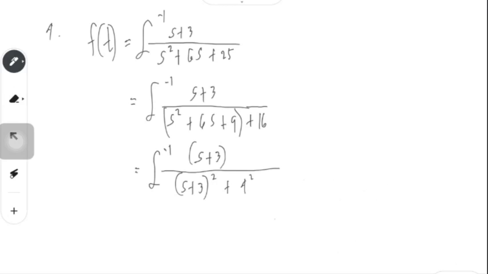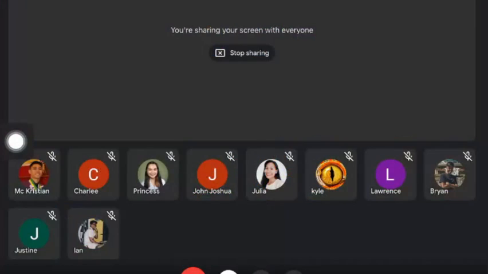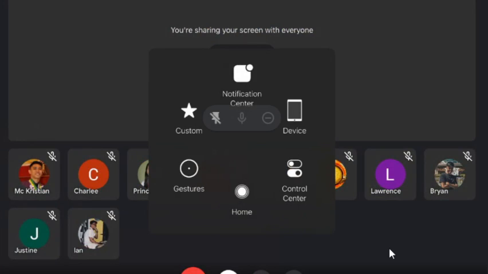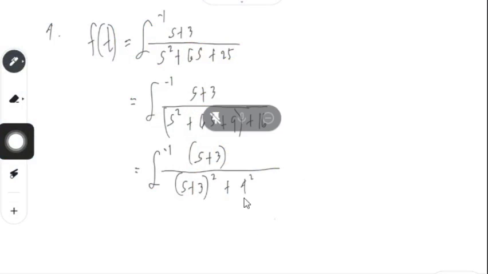Kanino ba ako huminto? Kay Princess o Jan. Jan? Jan. Hello, Jan. O, paano nang gagawin ngayon? Babalik ko dun sa... Ayan na. At babalik tayo sa dati. Sige.